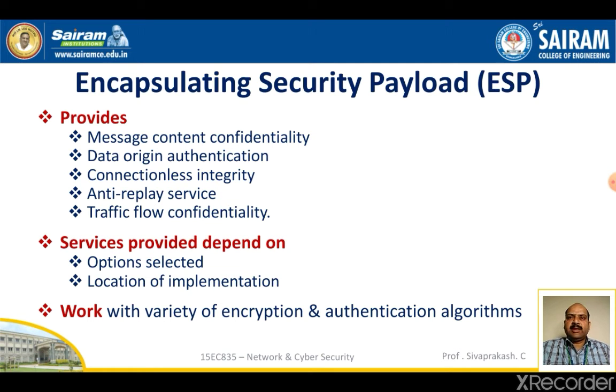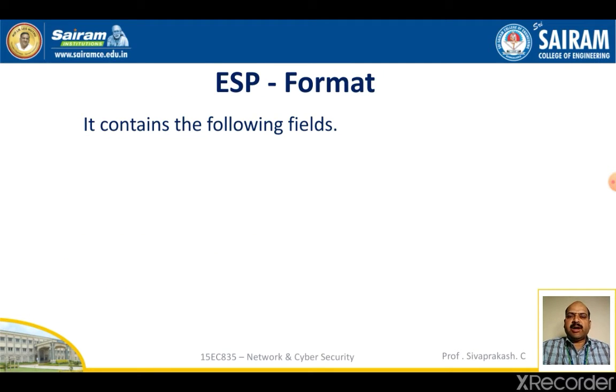Let us see the ESP format. The ESP format contains the following fields. Let us see them one by one. Security parameter index, which identifies a security association, is 32 bits.